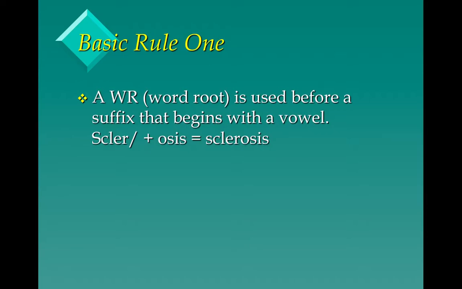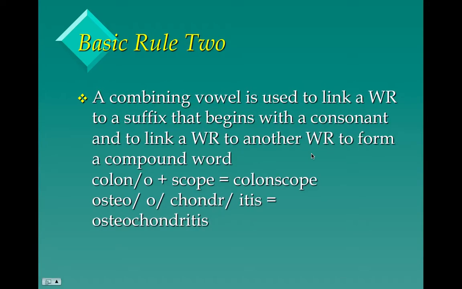Okay, so when you are trying to put these words together, with the word root and the suffix and the prefix, here are some rules. You have the word root, and it is used before a suffix that begins with a vowel. And the second rule: the combining form is used to link the word root to a suffix that begins with a consonant, and to link word roots to another word root.